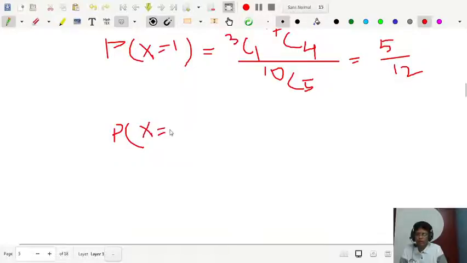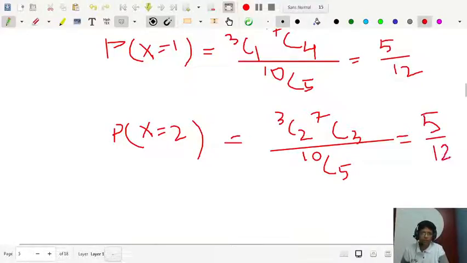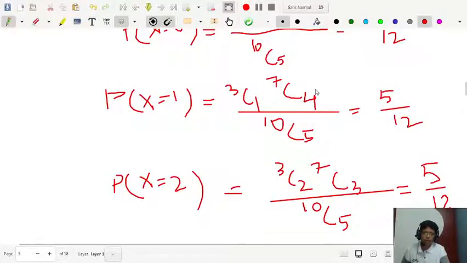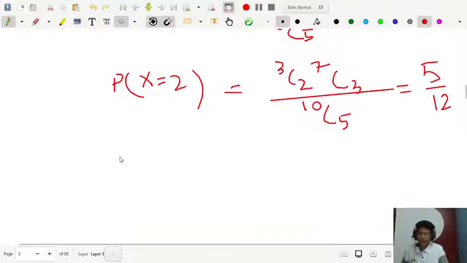Similarly, you are drawing 2 white balls, so that will be given by 3c2 into 7c3 by 10c5, and that is equal to 5 by 12. Because 7c4 is equal to 7c3 and 3c1 is equal to 3c2 using the combination rule.